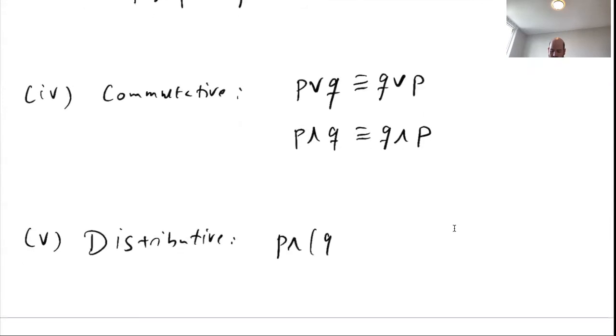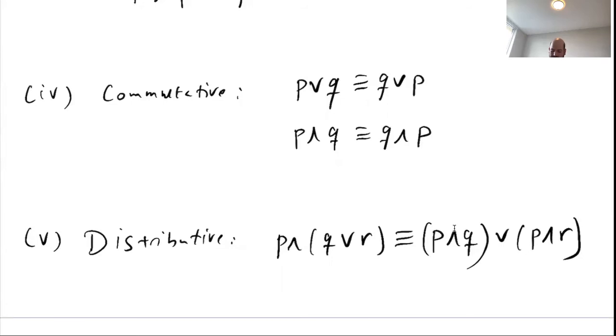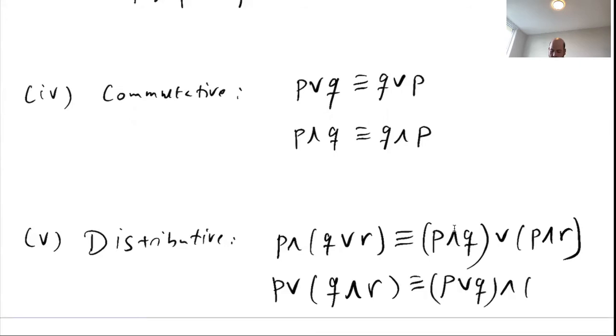P conjunction (Q disjunction R) is logically equivalent with (P conjunction Q) disjunction (P conjunction R). P disjunction (Q conjunction R) is logically equivalent with (P disjunction Q) conjunction (P disjunction R).